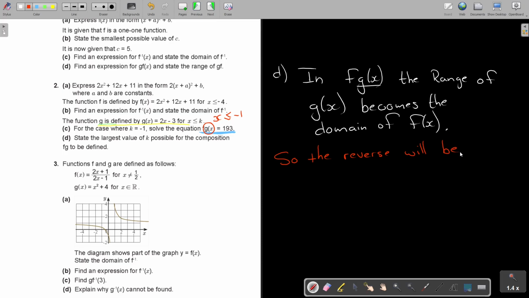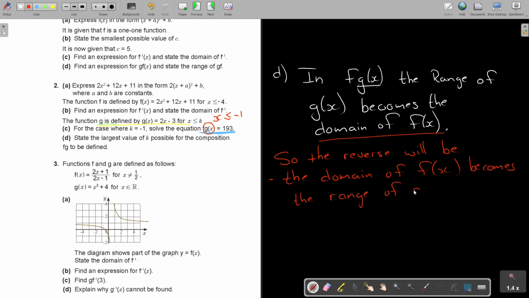So the domain of f(x), okay, so I start with the reverse. The domain of f(x) becomes the range of g(x).